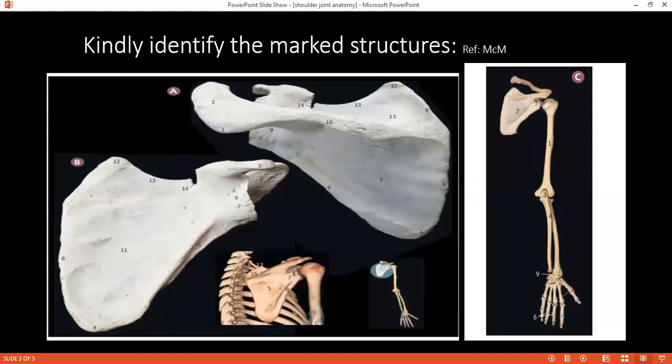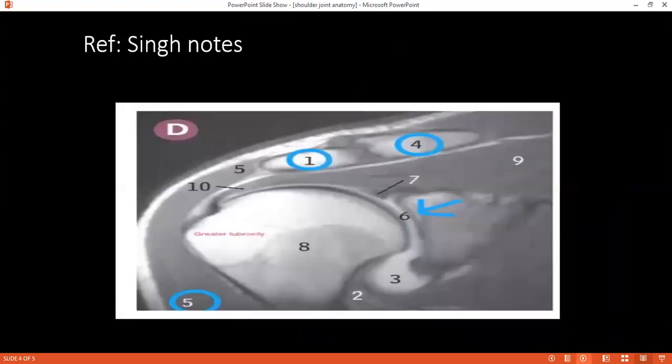The infraspinatus muscle is an external rotator of the shoulder joint, ma'am. Again supplied by the suprascapular nerve. The teres minor is an external rotator of the shoulder joint. And the last muscle is the subscapularis, an internal rotator of the shoulder joint, supplied by the lower and upper subscapular nerves.